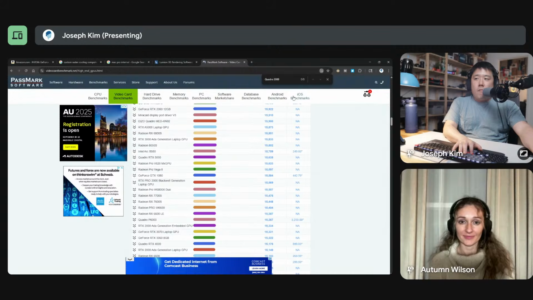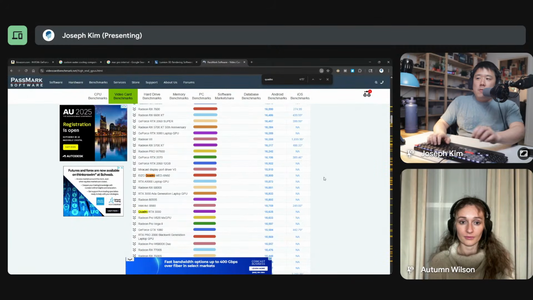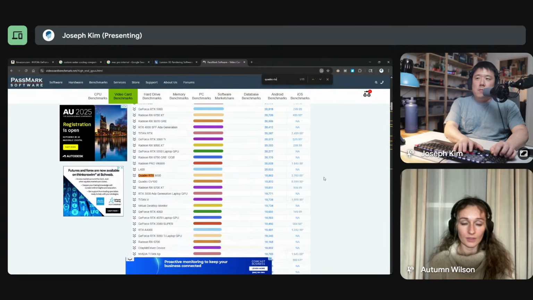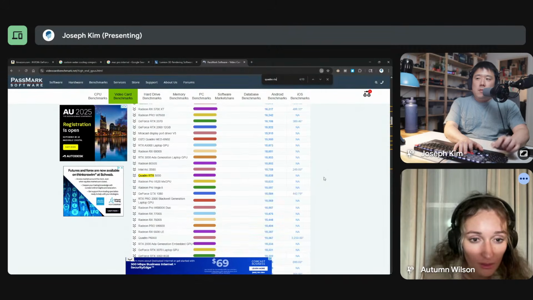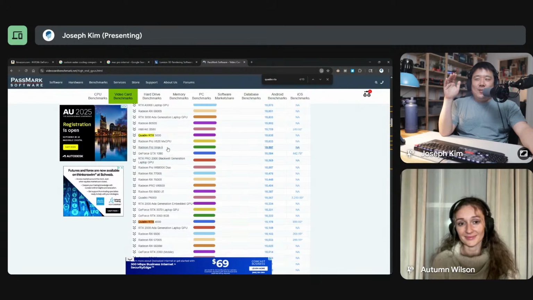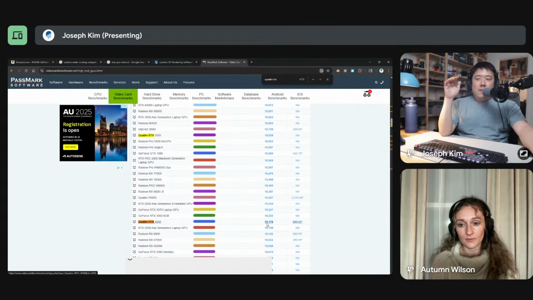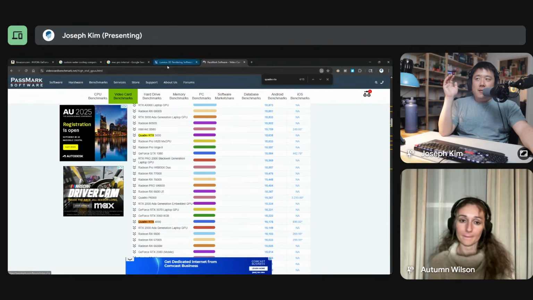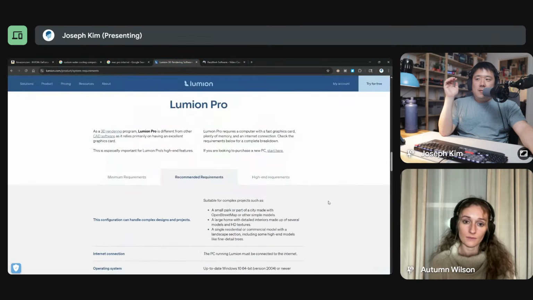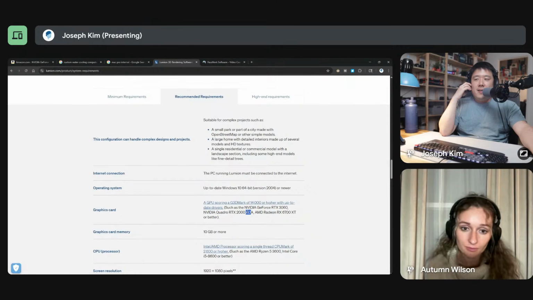Quadro RTX 2000. I think I see a 5,000. So it's maybe not even high grade enough to show up here. The Quadro 4000 is 15,000 here. This is recommended hardware. Wow, it's an ADA.